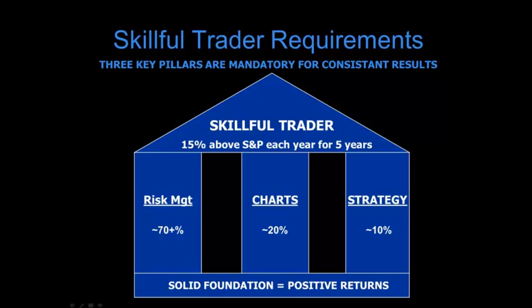Now, how do I define a skillful trader? Well, to me, a skillful trader is someone who has an absolute value return of 15% above the S&P for at least 5 years. So first of all, I want you to focus on the time frame, 5 years.